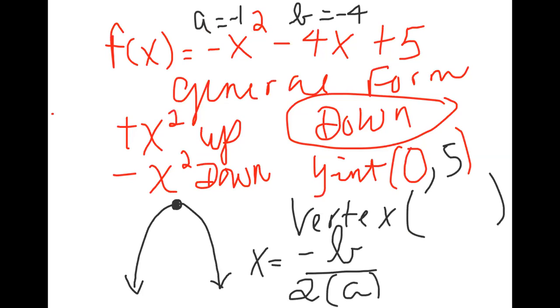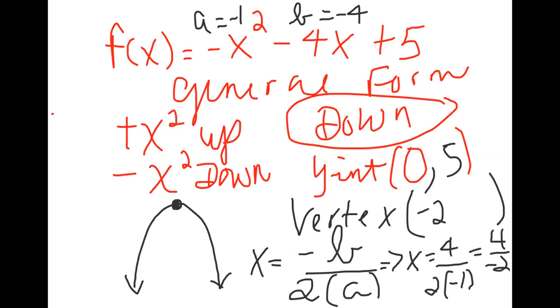So we plug them into the formula. We get x equals the opposite of b. B is -4, so its opposite becomes +4, over 2 times the a value, which is -1. So 4 divided by -2 leaves you with -2.